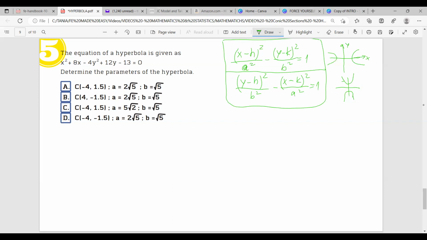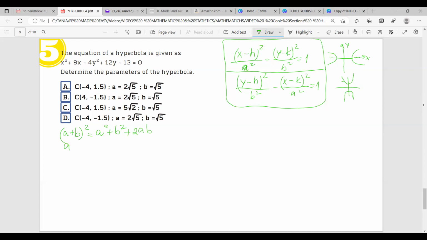And for that, we're going to use the completion of squares method, and we're going to need these two formulas, which I was very confident are in the FE handbook, and I hope it's there. If not, this is very simple to remember. When you have (a plus b) squared, the formula says this equals a squared plus b squared plus the double of the product, 2ab.